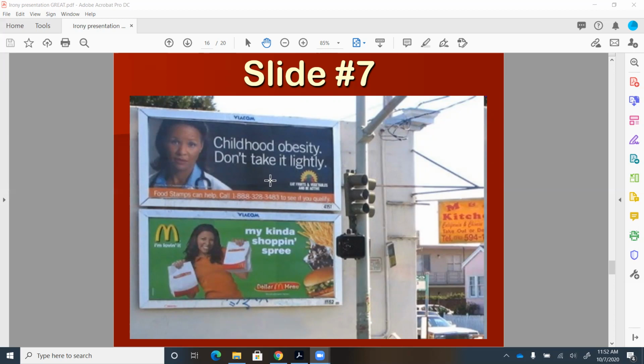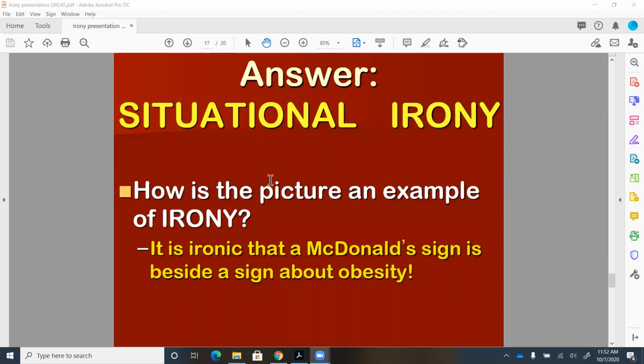And it is situational irony. Why? It's ironic that a McDonald's sign is right beside a sign of obesity because we know that McDonald's doesn't serve as many low-calorie foods as they do fried foods and foods very high in calories, which can, of course, lead to obesity.